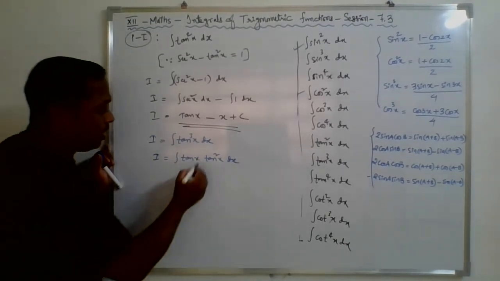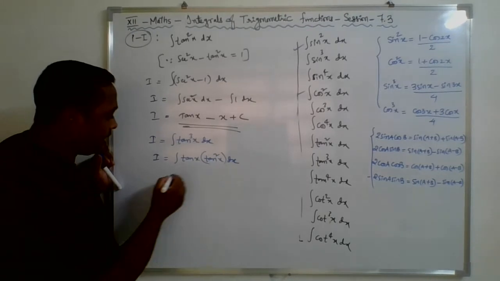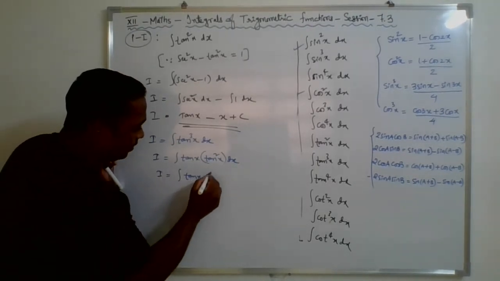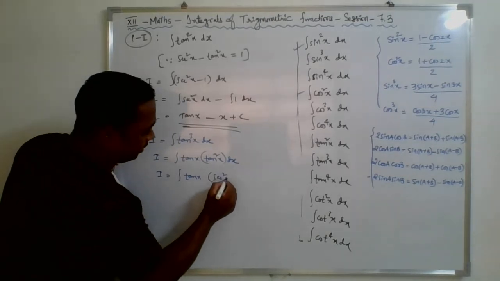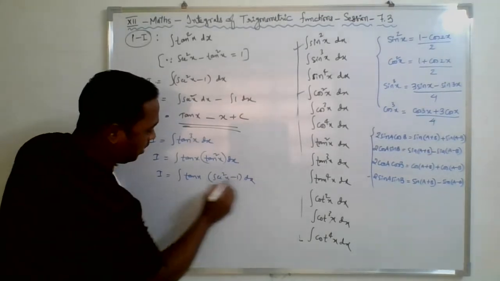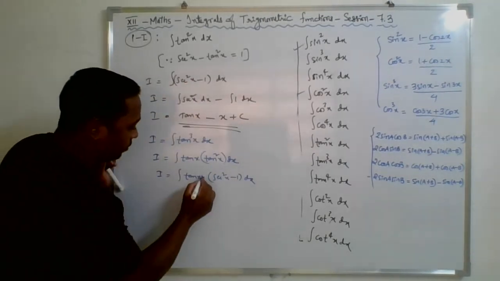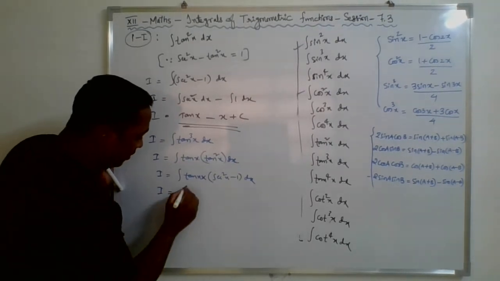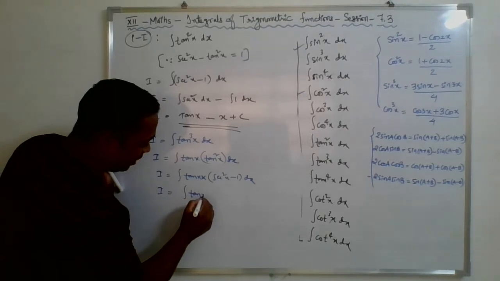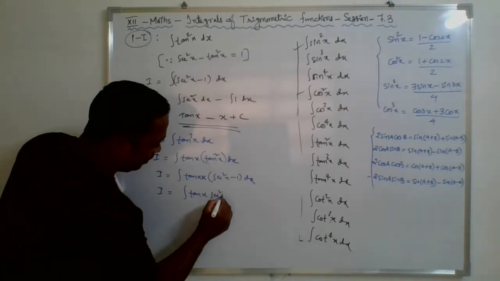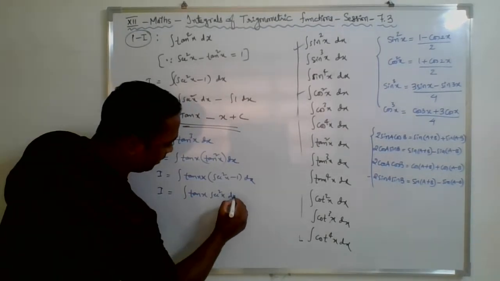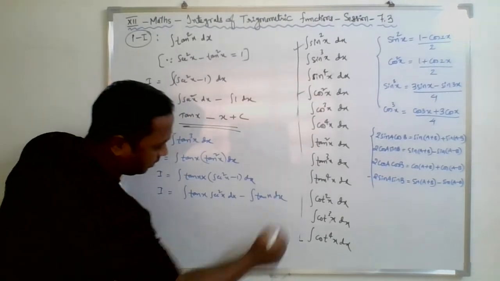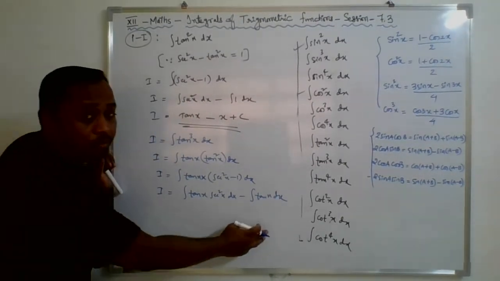Hence, this single tan square x can be written as sec square x minus 1, as we did in the first question. Then multiply inside, and you will see tan x into sec square x dx minus tan x into dx. This is a direct formula.